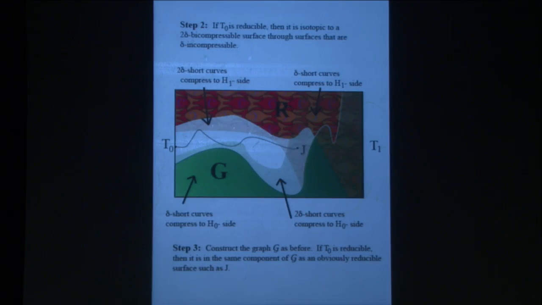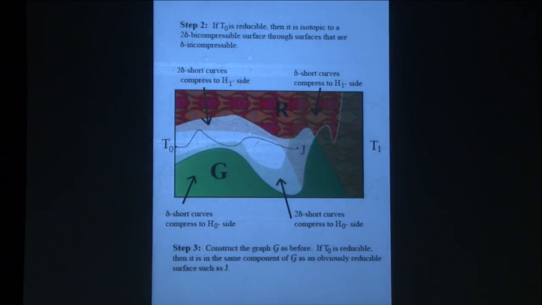Now it comes to staring at this picture. Again, we do this two-parameter min-max thing to fill in this square with a two-parameter family of surfaces of bounded area.